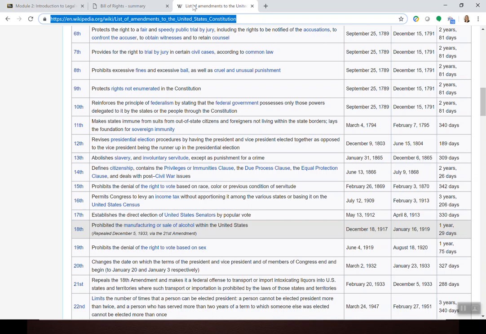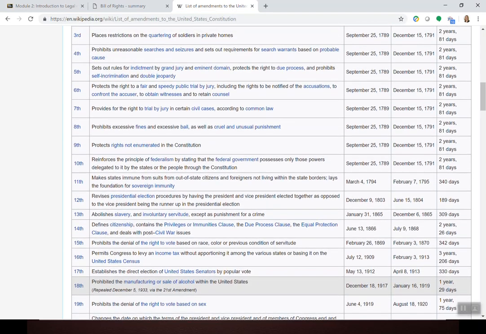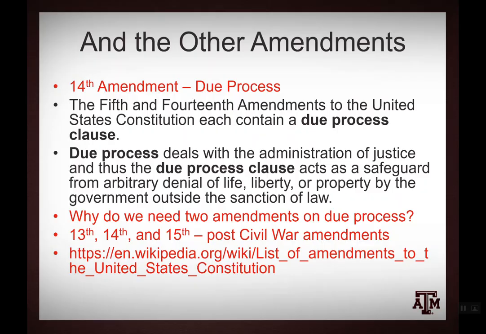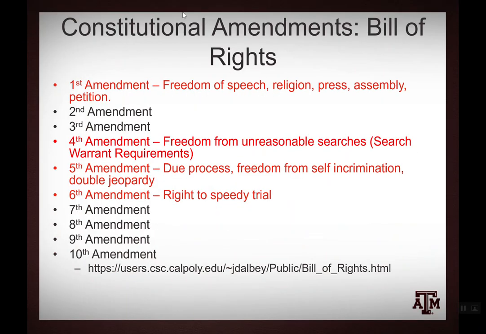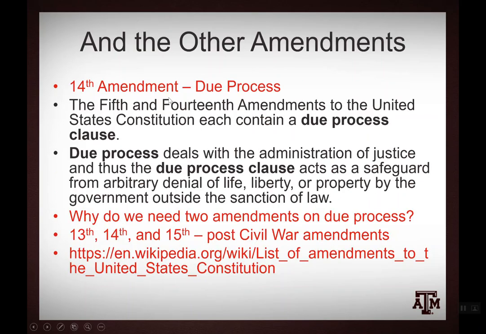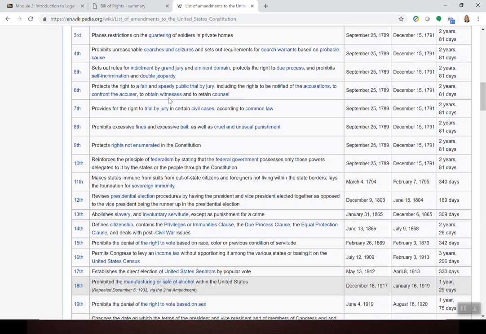All right, so I brought this up from Wikipedia. Now, go back a minute. If you look here, the Fifth Amendment gives us due process. Now, if you look here, the 14th Amendment gives us due process. Okay, I'm confused.